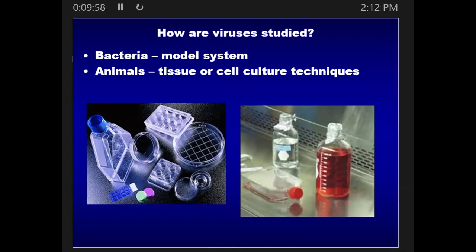Anyways, animals, what do they do then? Well, again, they can work with animal viruses, but it's a lot more controlled and careful. You have to go through a lot more hoop jumping in order to get certifications to do this. We're allowed to work with phages here, but you have to get special permission for any kind of animal viruses.